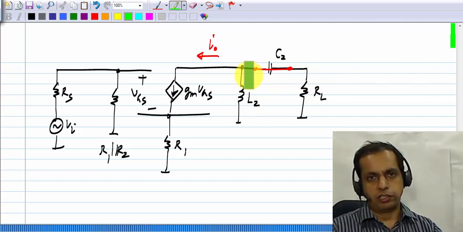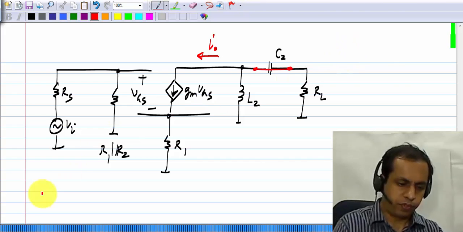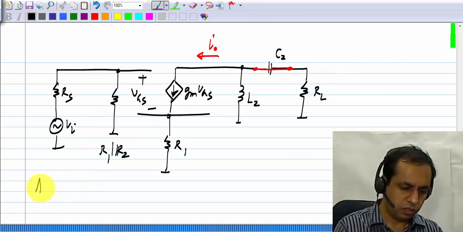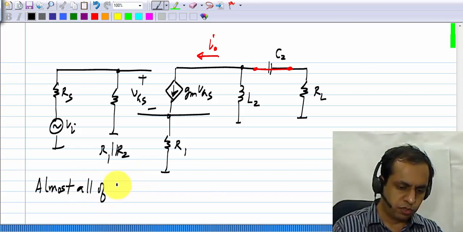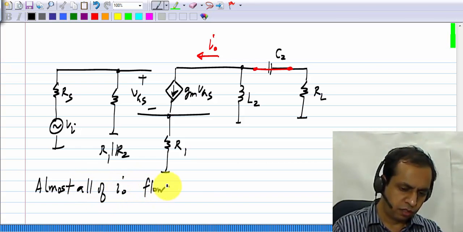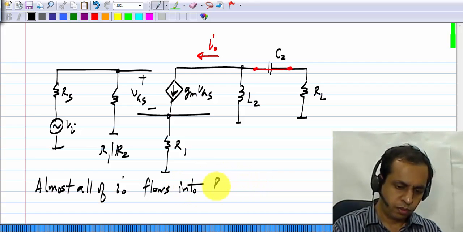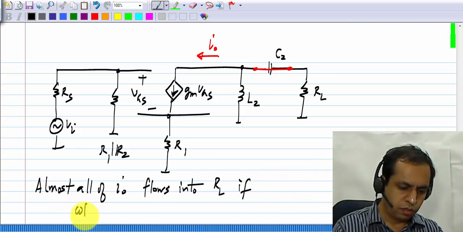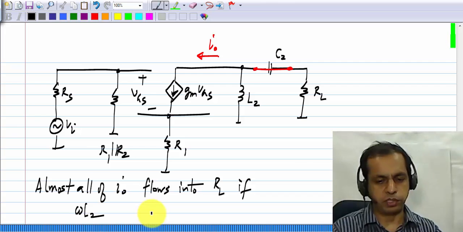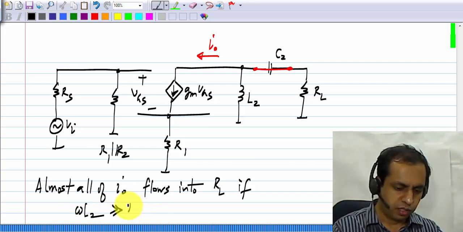The reactance of L2 at the signal frequency must be much higher than the resistance RL. Almost all of I0 flows into RL if omega L2, where omega is the signal frequency and omega L2 of course is the reactance, is much more than RL.